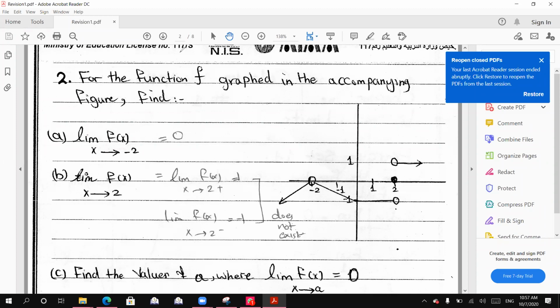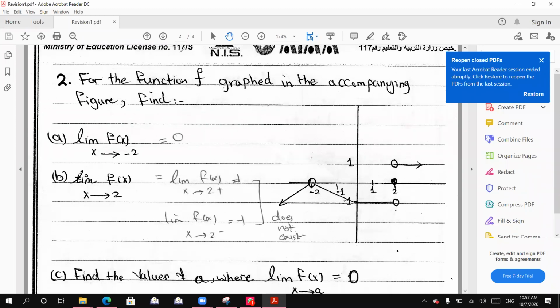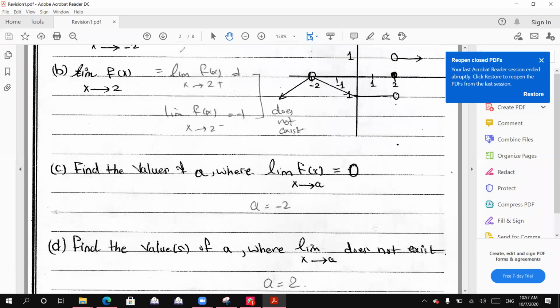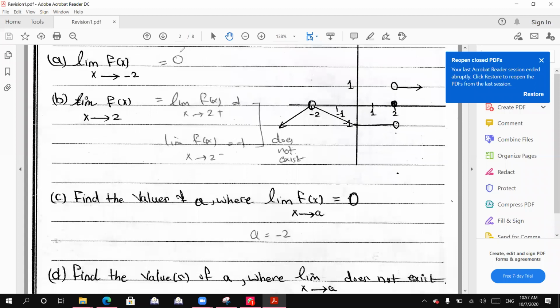Who tells me? 2? No, 2, how? This is for f of 2. -2, thank you. At point -2, the limit is 0. Now, find the values of a where the limit does not exist. 2. At 2, thank you.